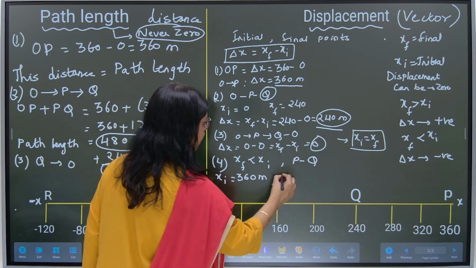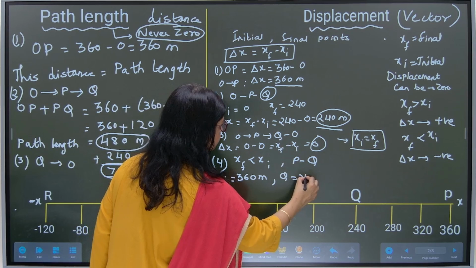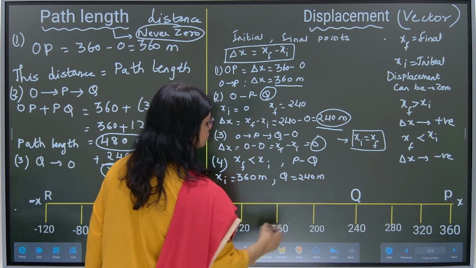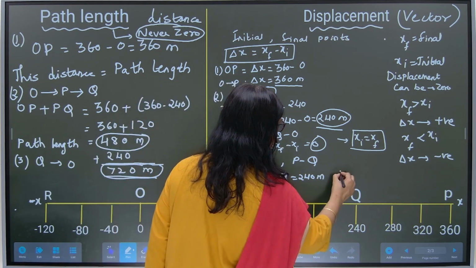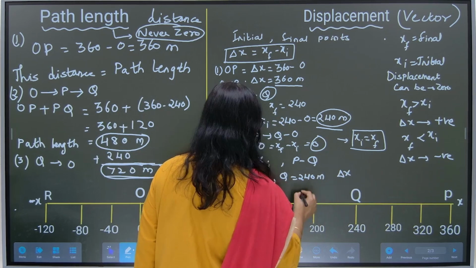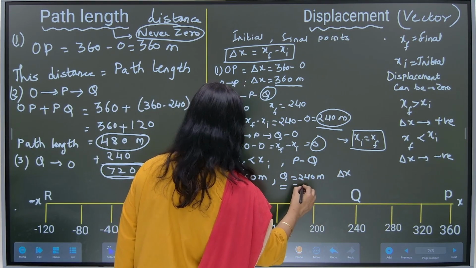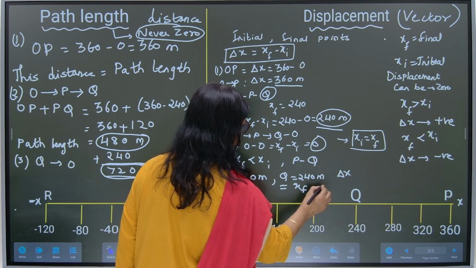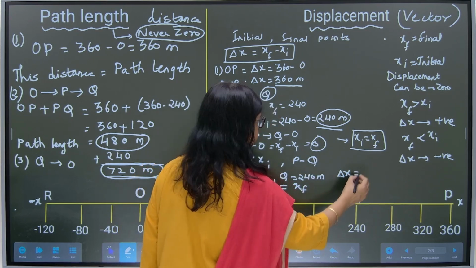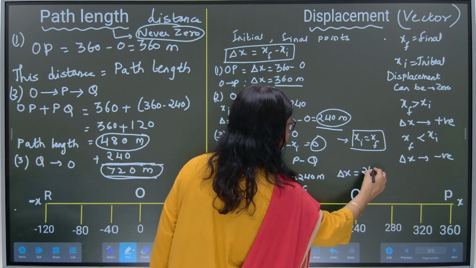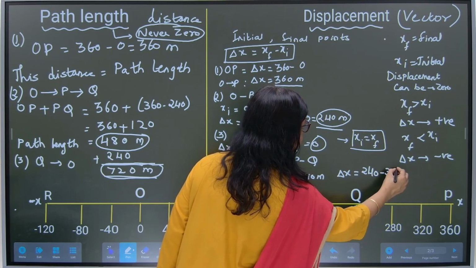And Q is the final position, so 240 meters. So displacement delta x is equal to xf minus xi, 240 minus 360.